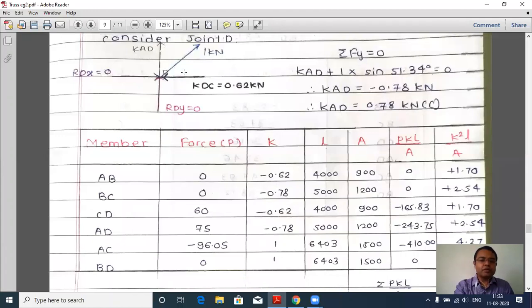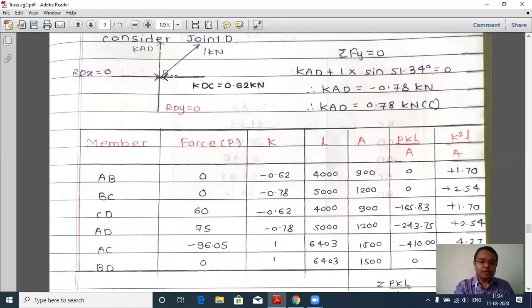Of course, we know the force in the member DC. Previously we found that force is 0.62 kilonewton, and the nature is compression. So here, KDC we have shown with the arrow towards the joint, which is compression.